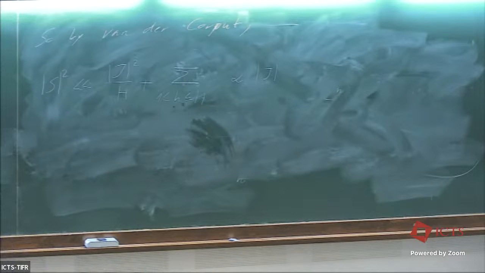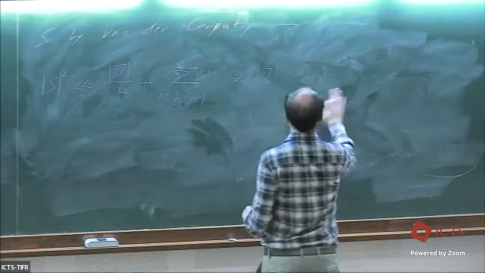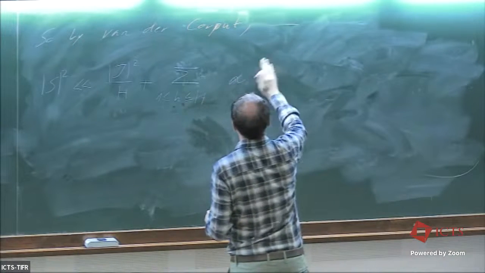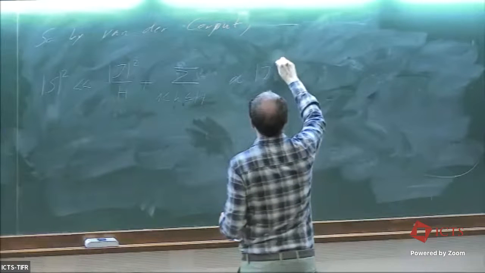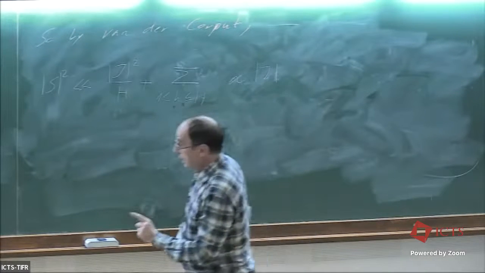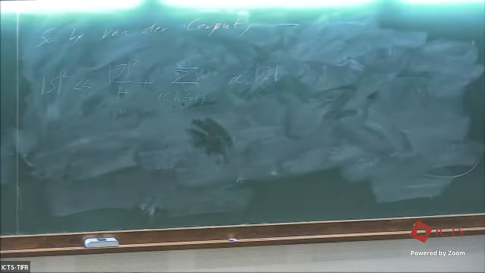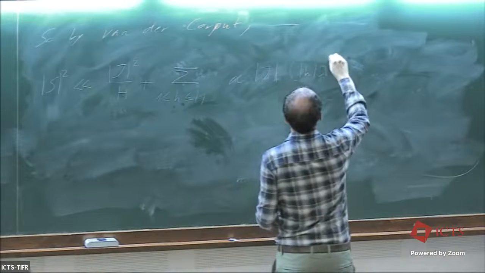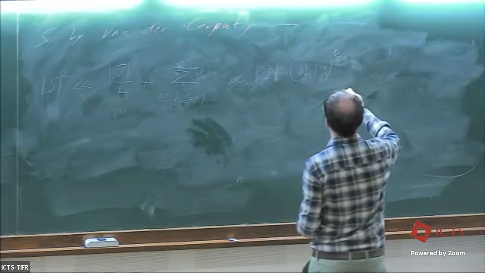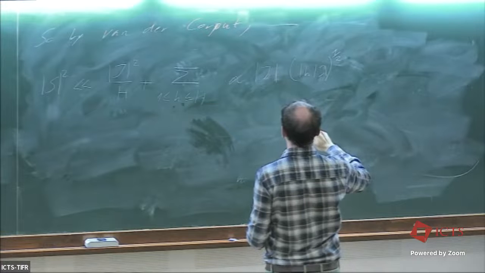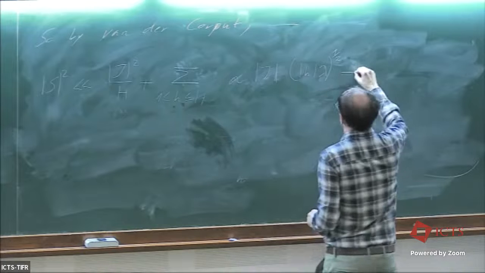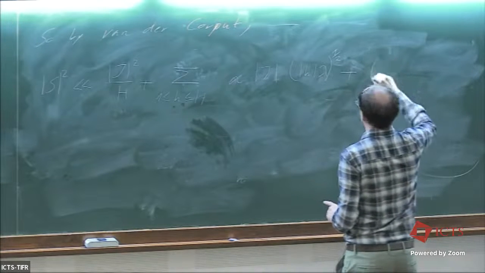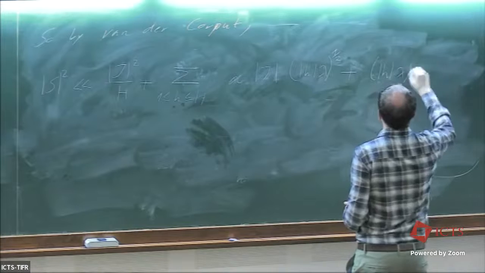So we need that bound, alpha h. And so our lambda is replaced by that: lambda to the 1/2 plus lambda to the minus 1/2.